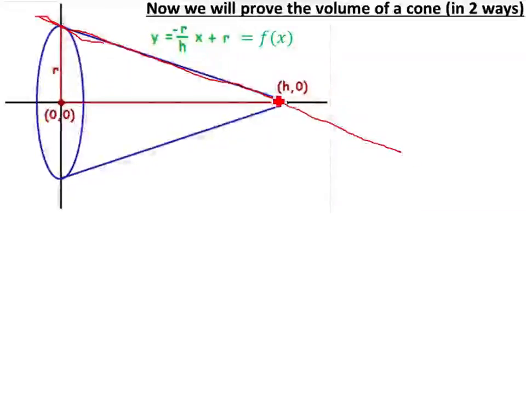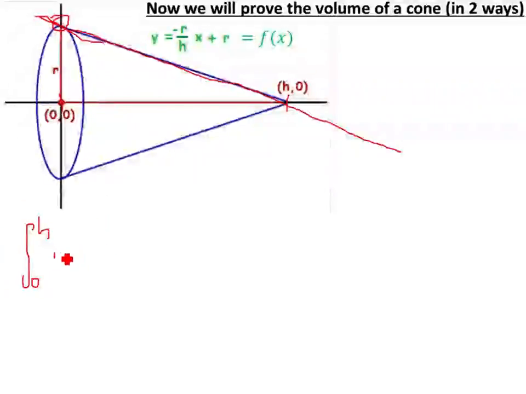We know that the beginning x point is going to be 0, 0, and the end will be the height. So, let's draw out our beautiful integral. We know the beginning is going to be 0 and the end is going to be height. The function, well, we go down by r, we go across by the height. So it's negative r divided by the height, x, and the y-intercept is here, which is r.